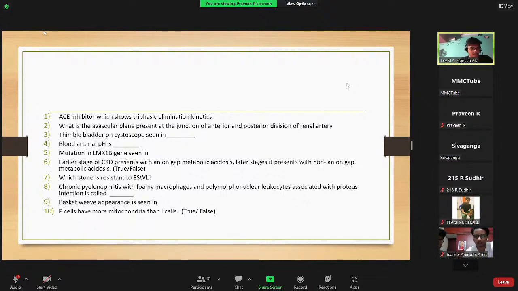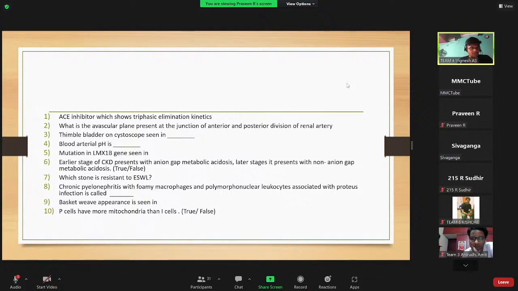Eighth one, xanthogranulomatous pyelonephritis. Seventh one, cystine stone. Fourth one, 7.35 to 7.45.